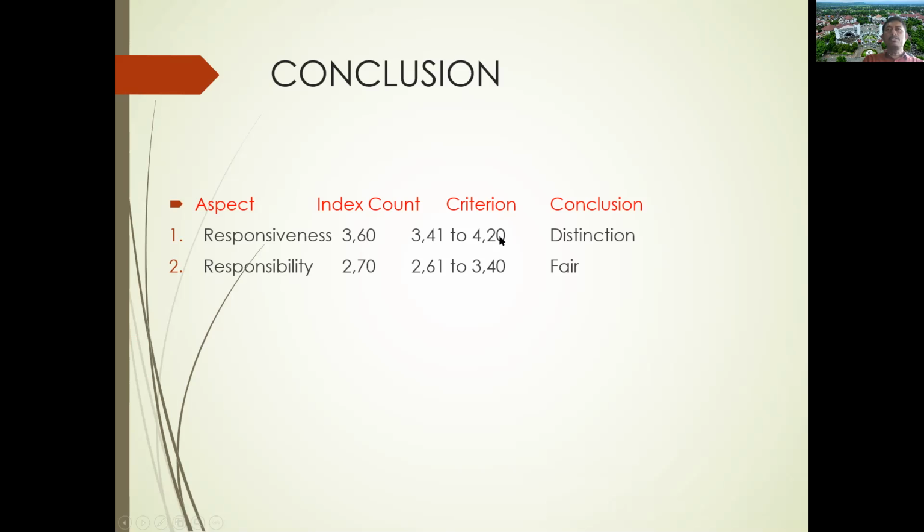So we can conclude that the responsiveness aspect is distinction. Meanwhile, for the responsibility aspect, whose count is 2.70, the criterion is between 2.61 to 3.40. So the conclusion for the responsibility aspect will be fair.